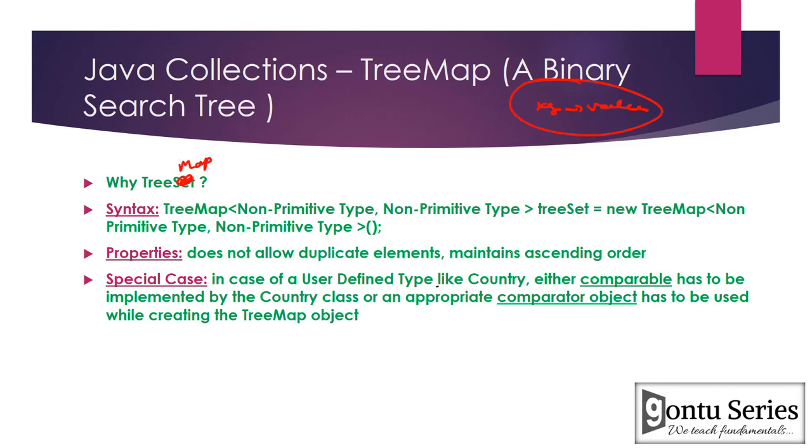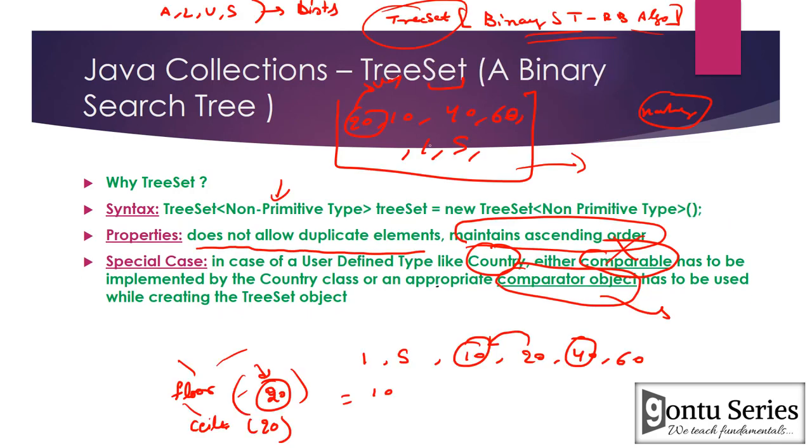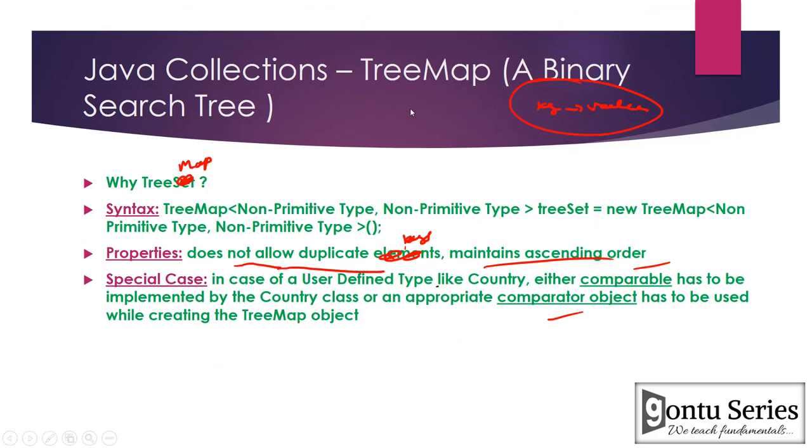Okay. It's going to maintain all the keys in ascending order. It is not going to allow you duplicate keys. And you can make use of the comparable or comparator interface the way you used it in the case of TreeSet. So let me very quickly show you the demo for the same.